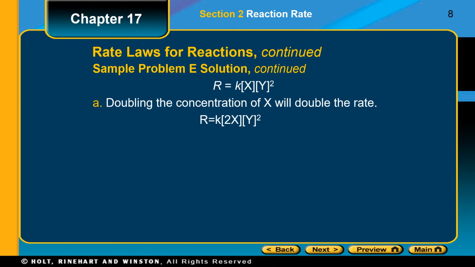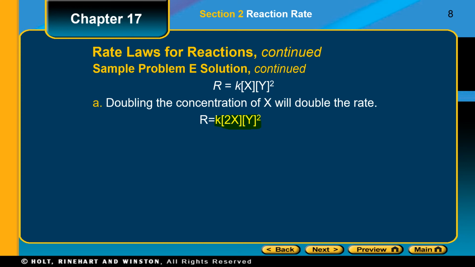Now look at the first rate law at the top. We had R equals KXY squared. Just remember the KXY squared. Okay, now if you look at the second one here, this part right here is going to become 2KXY squared.